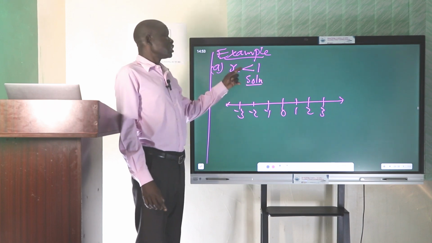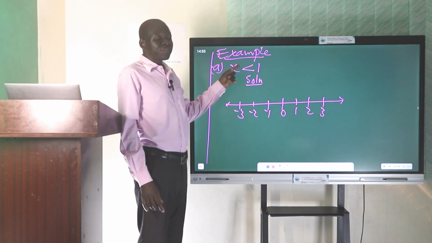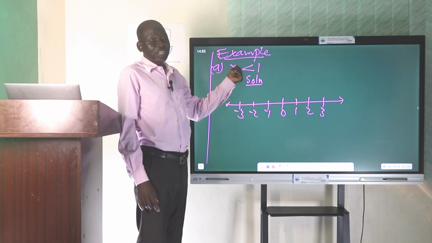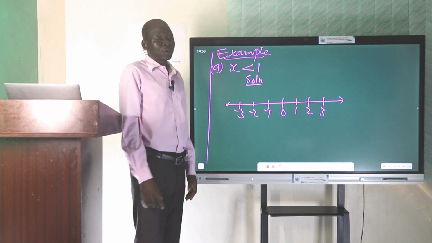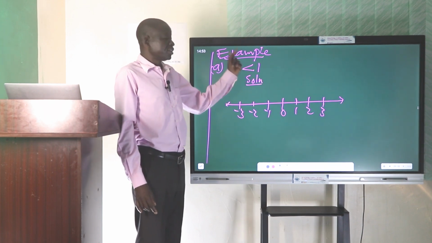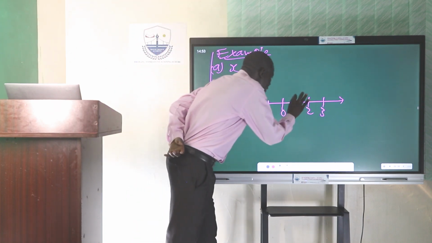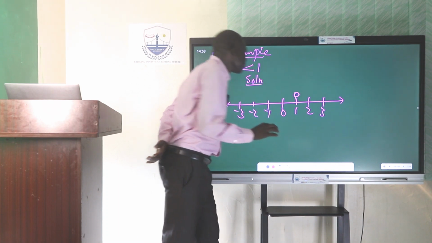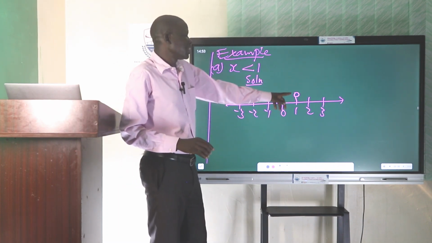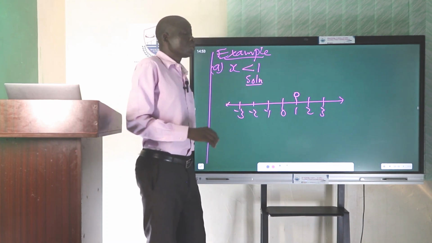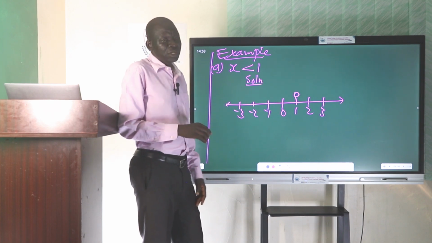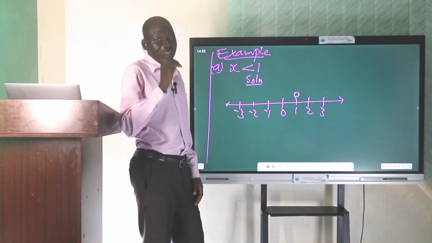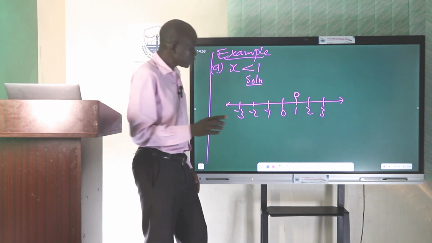Now, we said that if we have the less than symbol, we use an open circle. We go to where 1 is, then we draw an open circle on 1. Now, x is a figure less than 1, so all the figures that are less than 1 are on the left-hand side of 1.